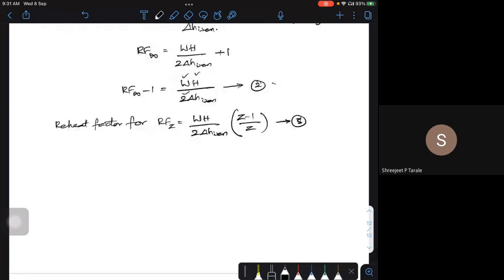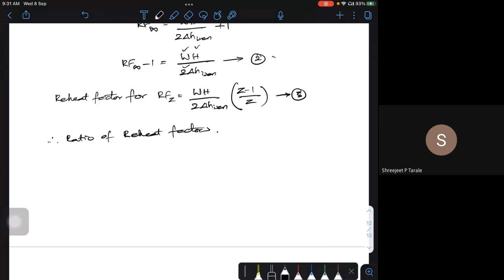Now if I try to take the ratio of the reheat factors, sorry, this will be plus 1. I missed out. This is Z minus 1 plus 1. Then this is equation number 3.